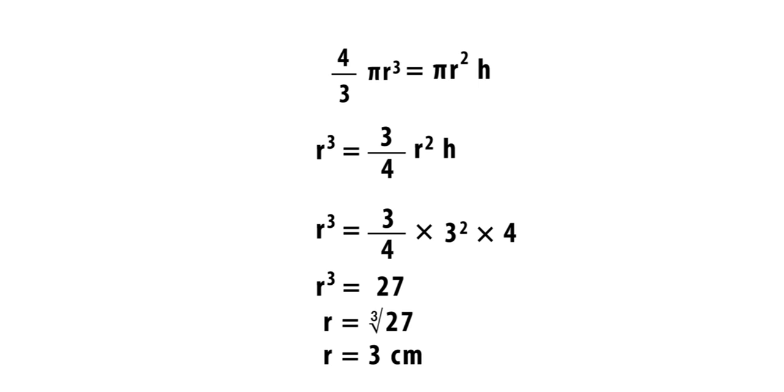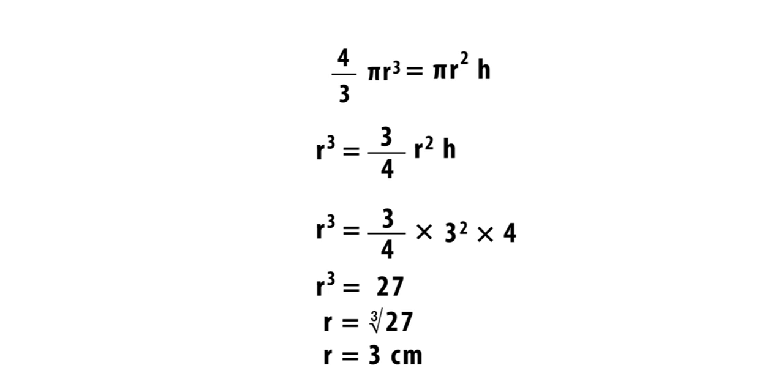When we simplify that, you have r cubed equals 27. We are looking for r, so we take the cube root of 27, and that gives us 3 centimeters. Therefore, r, which is the radius of the sphere, is 3 centimeters. That's very, very easy.